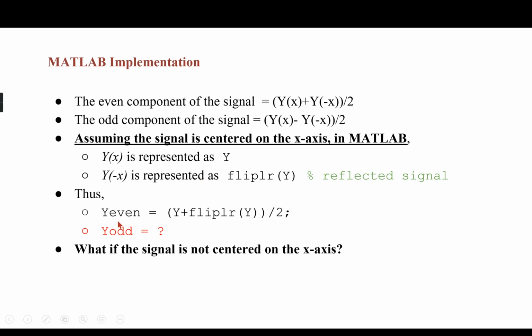Remember that these formulas assume that the signal y is centered on the x-axis, meaning 0 is in the middle of x, and the signal is symmetrical along the x-axis.